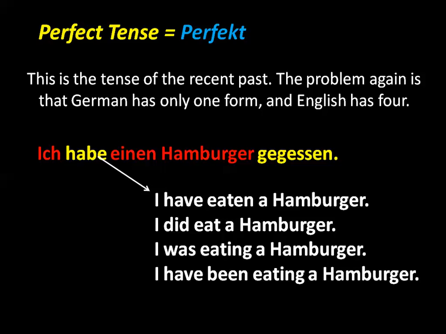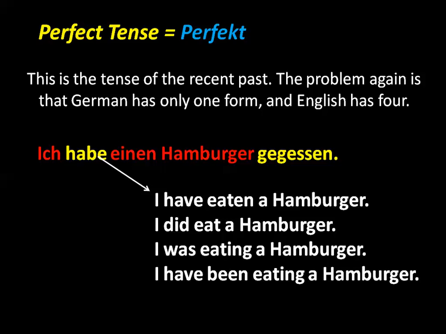The difference is that in German this past participle is located at the end of the sentence, as in this case, Ich habe einen Hamburger gegessen, whereas if we were to write this sentence in English, I have eaten a hamburger, you can see that the verb eaten is right beside the helping verb. So it's a difference in word order as well.